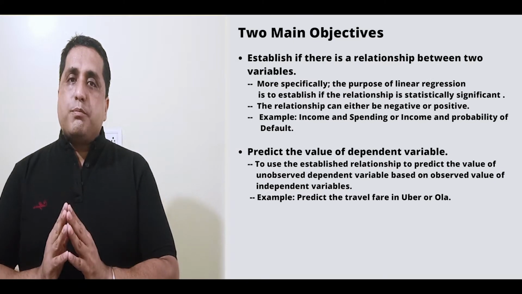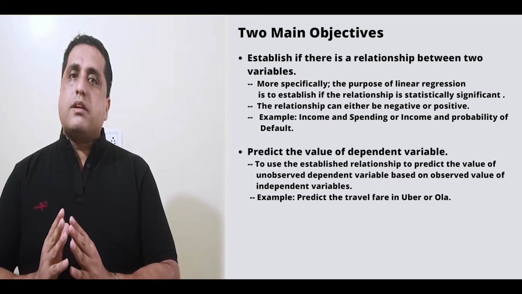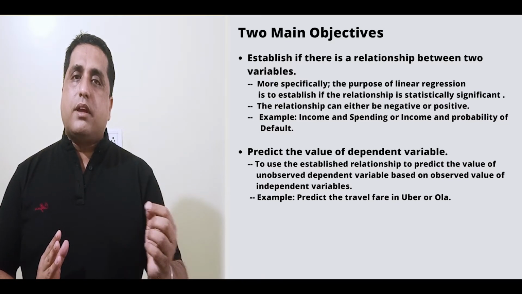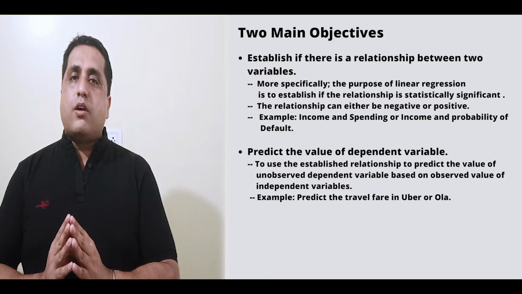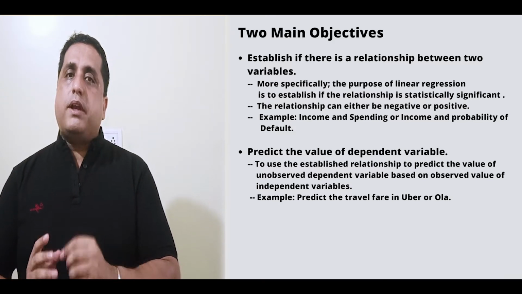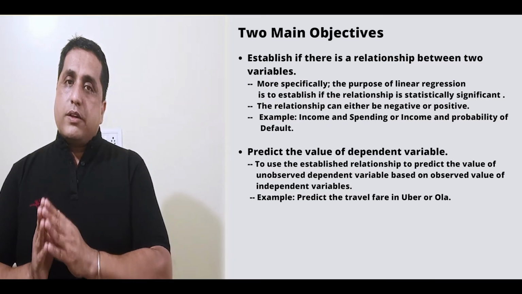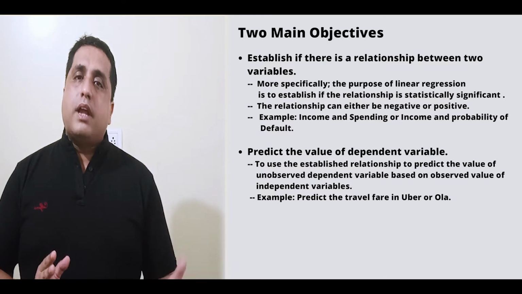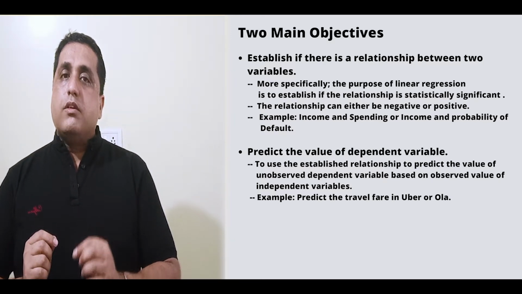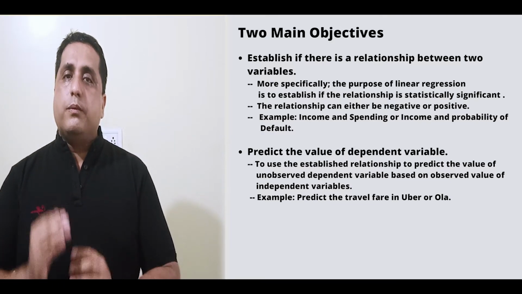Now the relationship can either be positive or negative. In case the relationship is positive, that is monotonously increasing, for example in the case of spending and income, in general spending goes up as income goes up, and regression could also have a negative relation. For example, as income goes up, the probability of default of a person goes down.